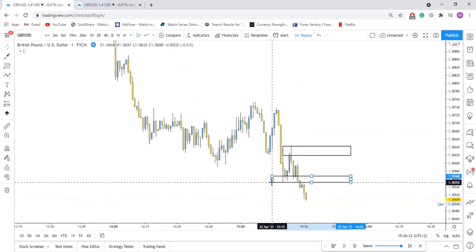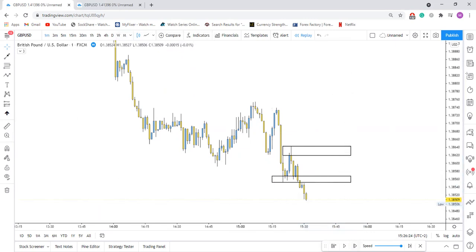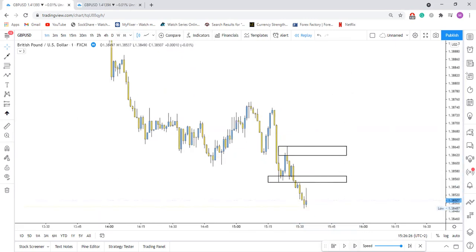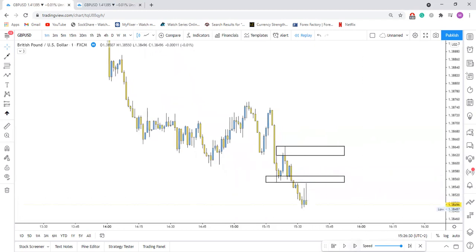Let's see if we can now just get a break and retest of that level. This break and retest level right there.